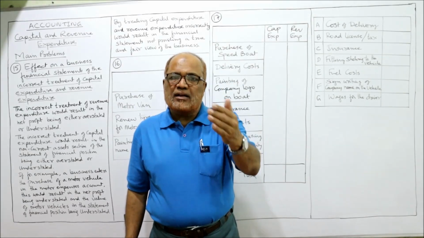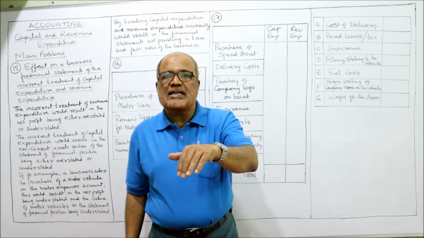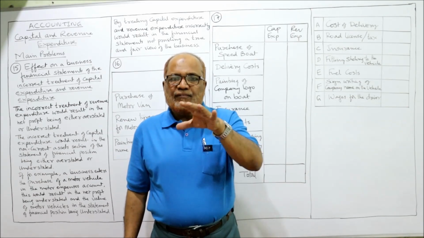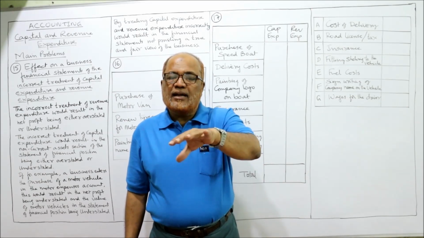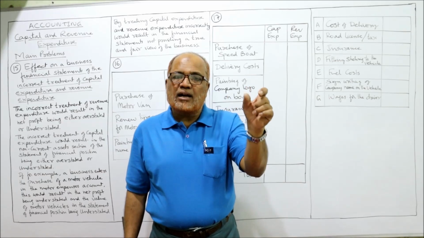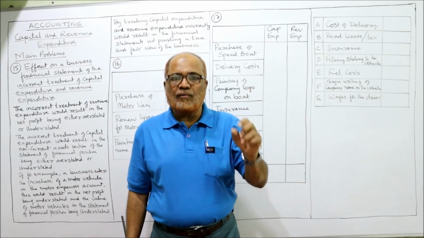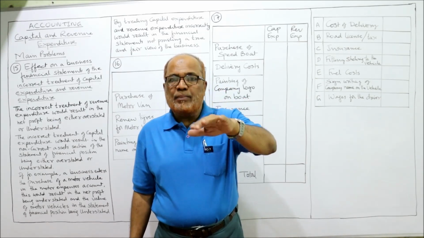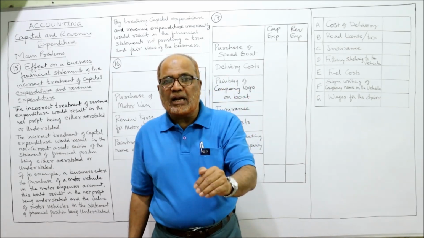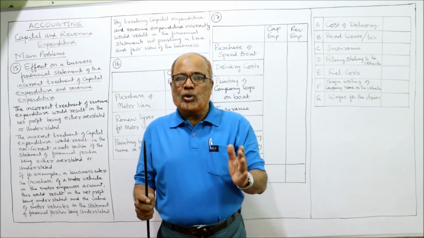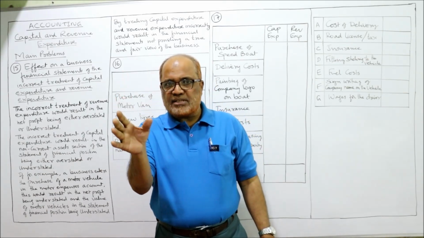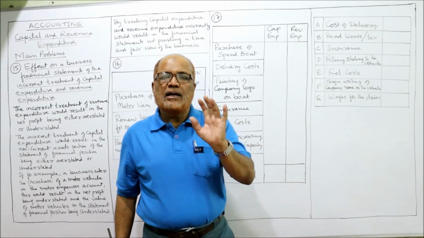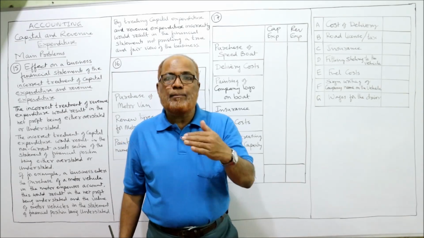The profit may be understated or overstated. Secondly, it will affect the non-current assets section of the statement of financial position. The non-current assets may be overvalued or undervalued. Thirdly, it is asking you to give an example.